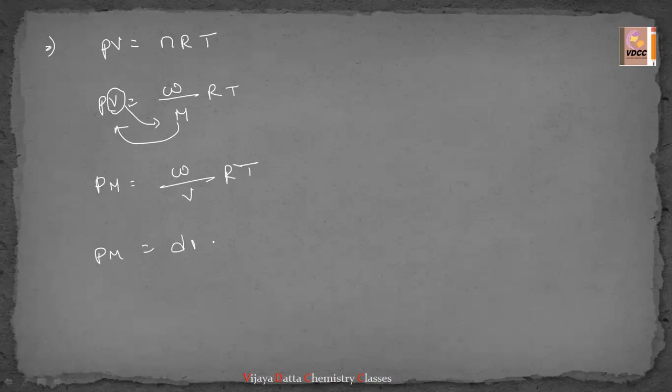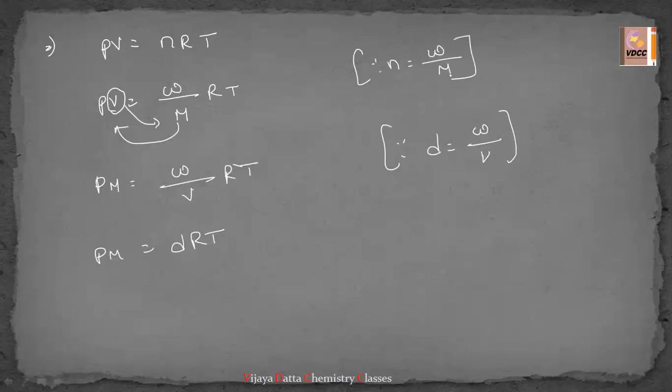So I am introducing the letter D, because density equals weight by volume. So if I want to calculate density, the formula is D equals PM by RT. This is the formula for the density calculations.